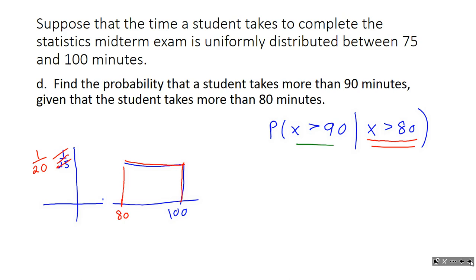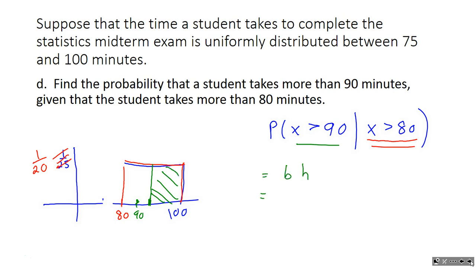Now let's find out the probability that x is greater than 90. So I could mark my 90. Actually, that's not a very accurate way to draw it, is it? The 90 would actually be right in the middle of those, okay? And let's draw that here. So the probability that x is greater than 90 would be this region here.